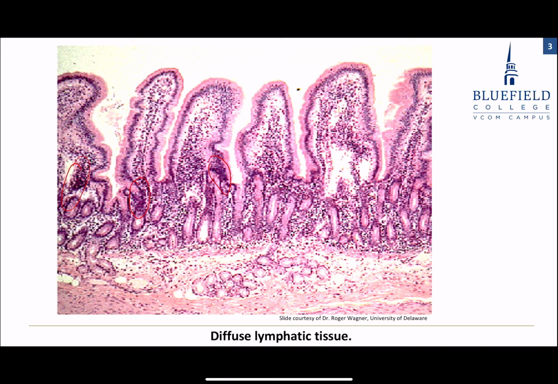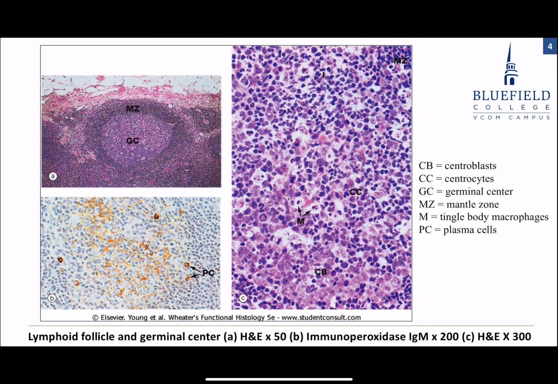Okay, you build up that clonal army and then you disperse it, correct? Okay, you get rid of it once that infection's gone. If this is not enough to fight off infection, you keep getting more and more and more cells there. It goes from being diffuse lymphatic tissue to nodular lymphatic tissue. And this is a lymphatic nodule right here.